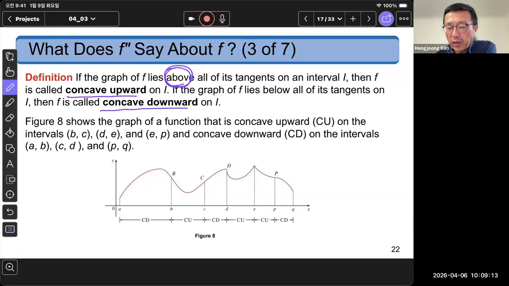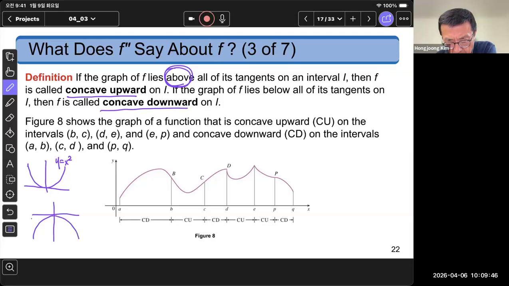Now, moments ago, I mentioned that the graph of x squared and negative x squared can be used, right? Whenever you see the pattern of the x squared shape, decreasing or increasing, it is called concave upward. If you see the pattern as in y equals negative x squared, concave downward.